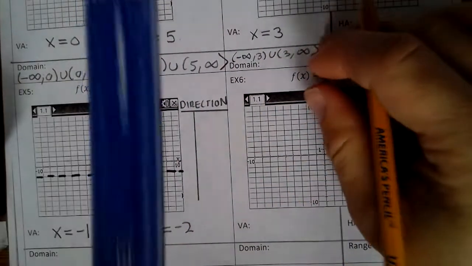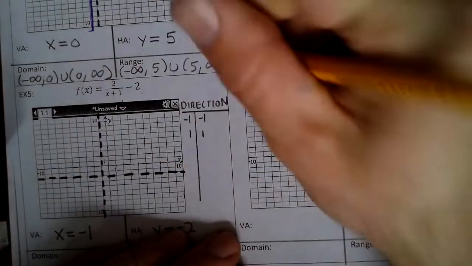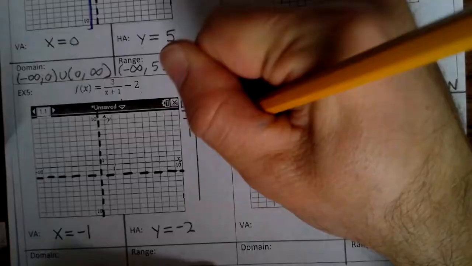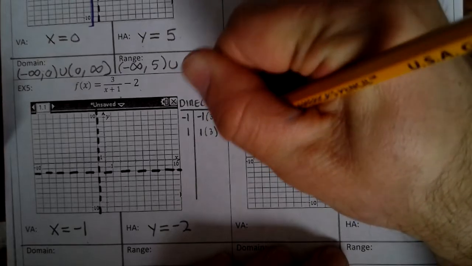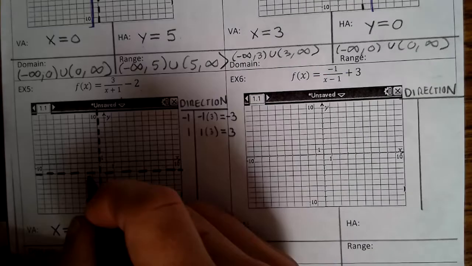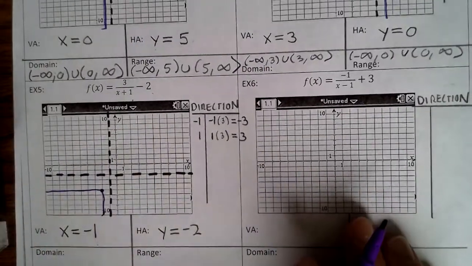But here we have to multiply by 3, so that's times 3. So then that's -3 and +3. So we go left 1, down 1, 2, 3. And there's our curve. Okay, and then we go right 1, up 1, 2, 3. There's our curve.